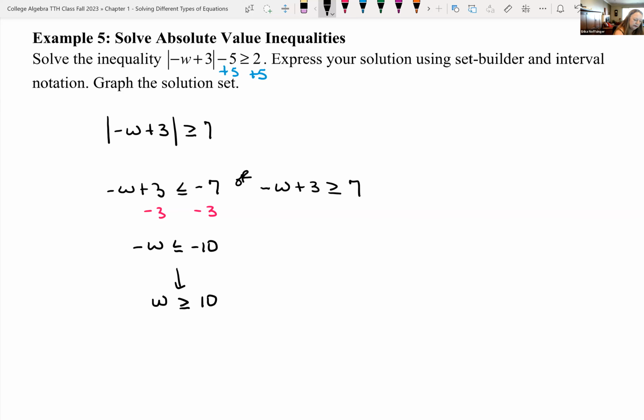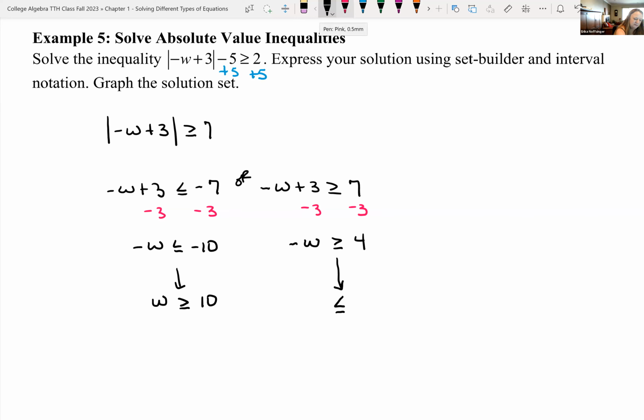Or solving for w in the other inequality, again, we want to get w by itself. So let's subtract 3 on both sides. We get negative w is greater than or equal to 7 minus 3, which is 4. We want to divide by a negative sign, so that's going to flip our inequality.